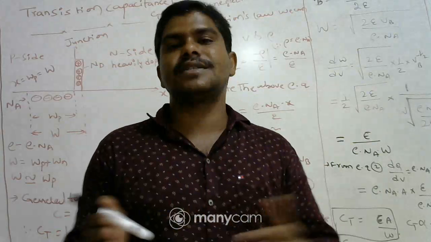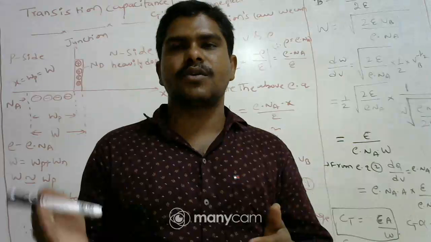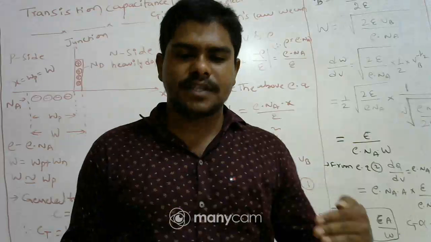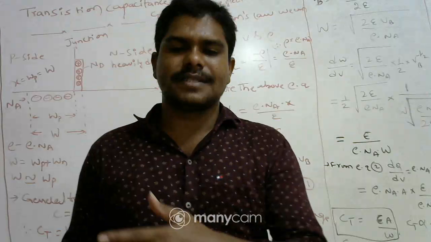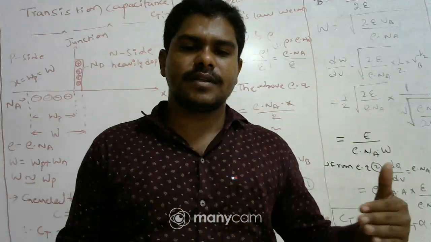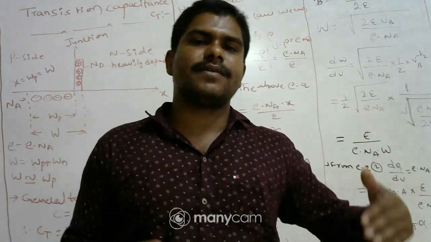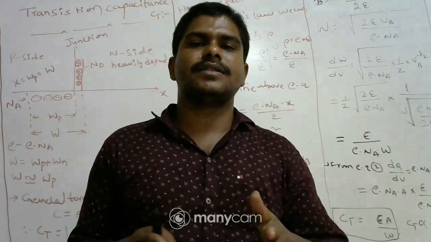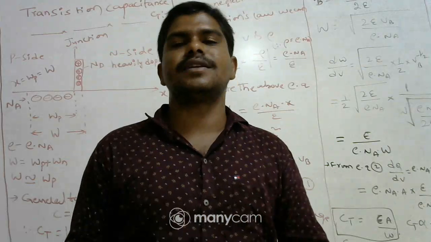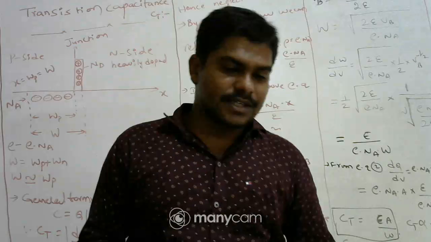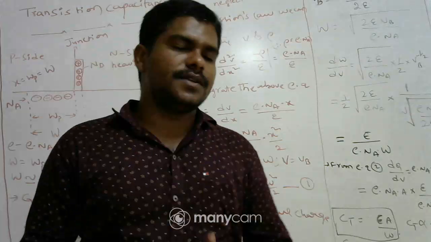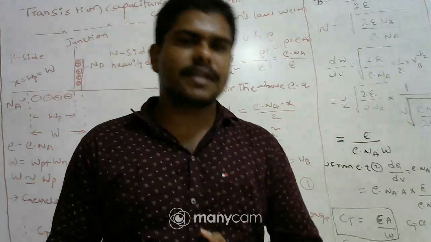That's why when you apply the forward bias, the charge carriers diffuse from one side to another, that is, they penetrate. After crossing the junction voltage, charge carriers move from one region to another region. So generally transition capacitance occurs in reverse bias, and diffusion capacitance occurs in forward bias.